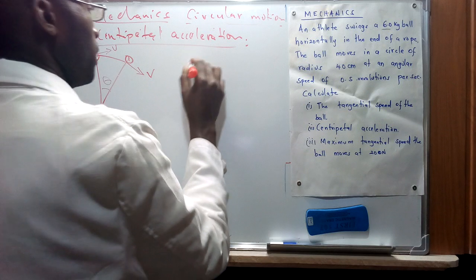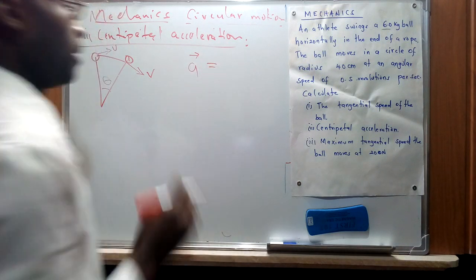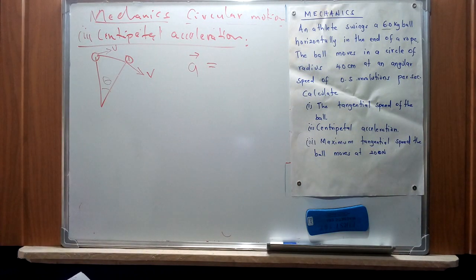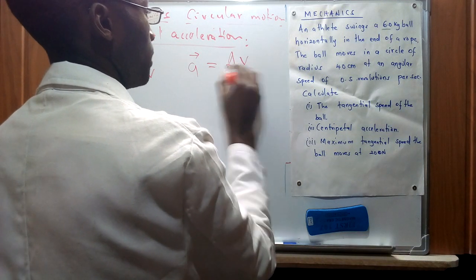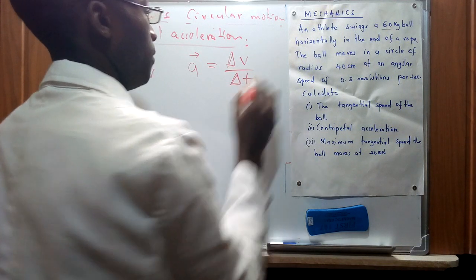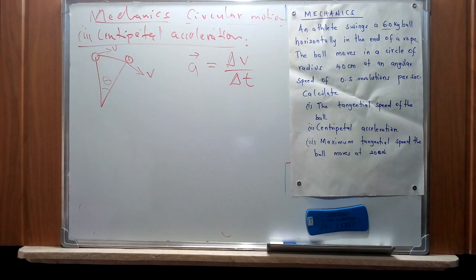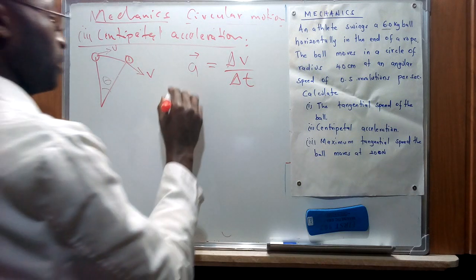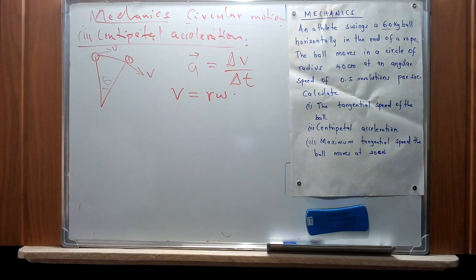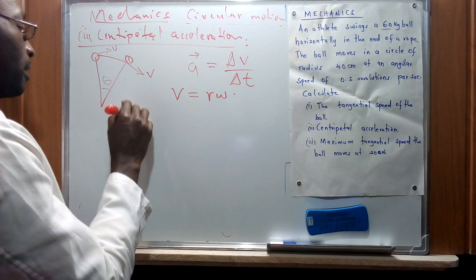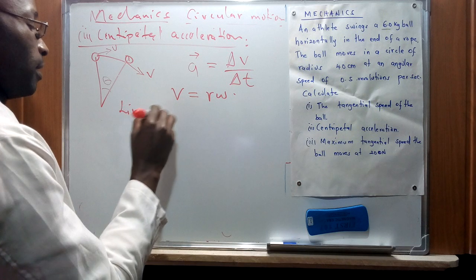And from our normal concept of motion, we know that acceleration is change in velocity over time. But in this case, we have already said that velocity is given as r omega. For linear acceleration, we talked about two concepts, that is linear and angular.